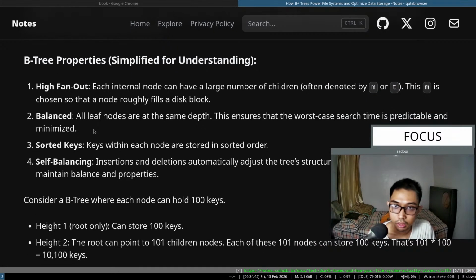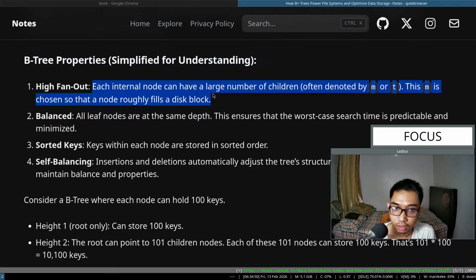B-tree's properties, simplified for understanding. High fan-out: its internal node can have a large number of children, denoted by M or T. This M is chosen so that a node roughly fills a disk block.